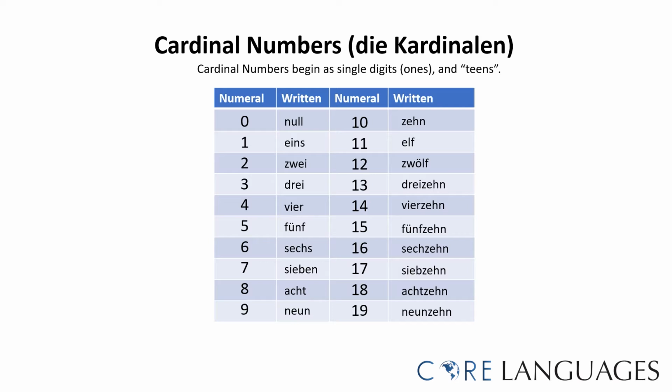The teen numbers could be translated to three-ten, four-ten, five-ten, and so on.